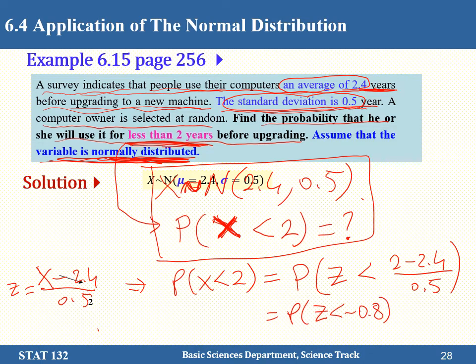So in this case, we use a table here, and by using the table, we can get it's 0.2119.